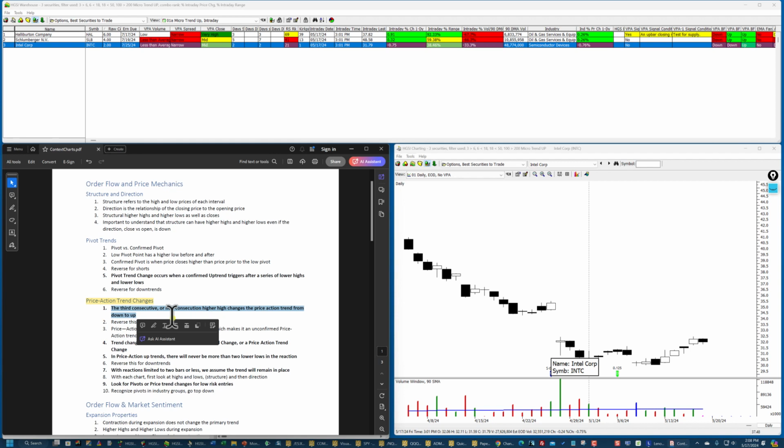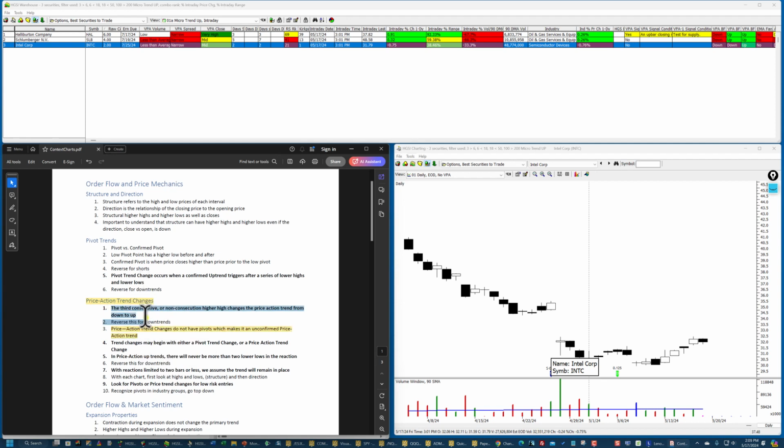I just noticed that typo; I may get around to fixing it. But anyway, we're looking for the third consecutive or non-consecutive higher high, which changes the price action trend from down to up. Reverses for downtrends. This next sentence here: price action trend changes do not have pivots, which makes it an unconfirmed price action trend.